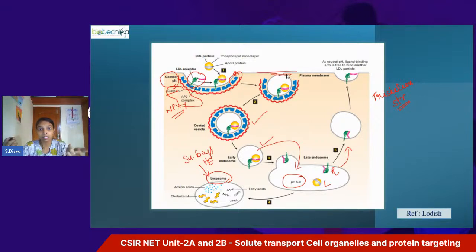And whatever I'm asking you was already being asked in the exam previously in the form of 2 marks, 4 marks, like that. Okay. So, which protein is responsible for pinching this vesicle from the plasma membrane? Which protein? Any cytoskeletal protein?